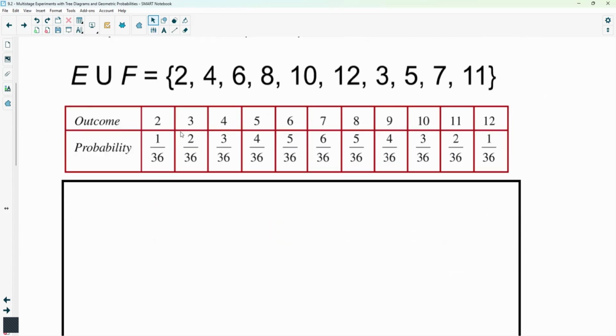There are different ways that you can do this. One way is to find the probability of each one, which you have down here, and then just add them, right? So we found the probability of 2, of 4, of 6, of 8, of 10, of 12, and then of 3, of 5, of 7, and of 11.